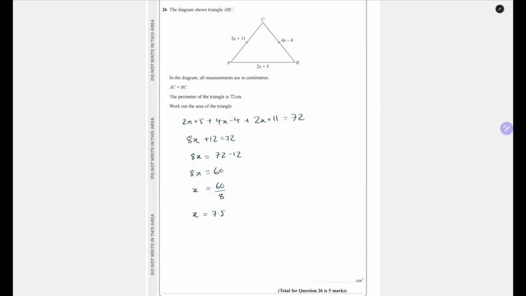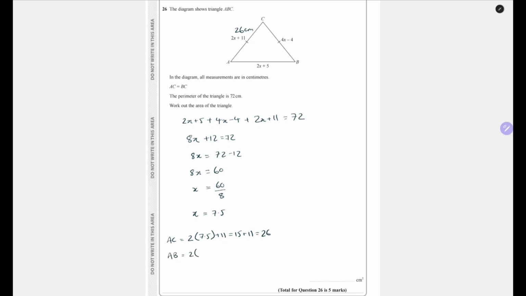So now we can work out the actual lengths of each side of the triangle, as we know the value of x. For length AC, it's going to be 2 multiplied by x, which is 7.5, plus 11. That's 2 times 7.5, which is 15, plus 11, which is equal to 26. So AC is 26 centimeters. We can do AB.